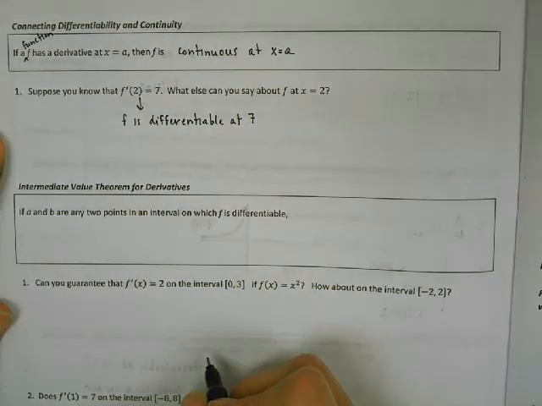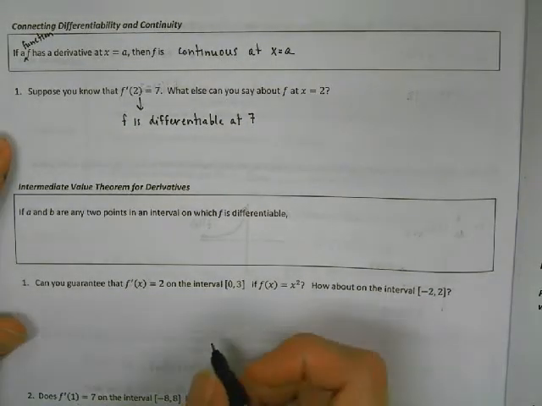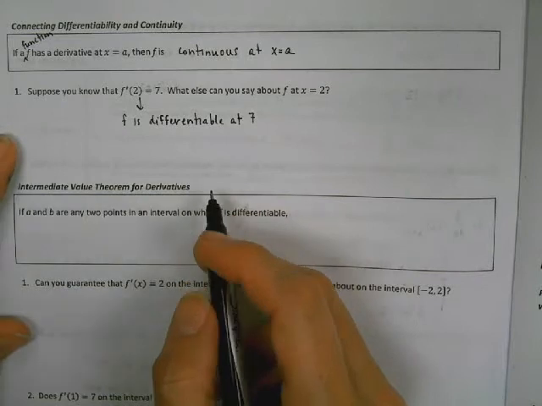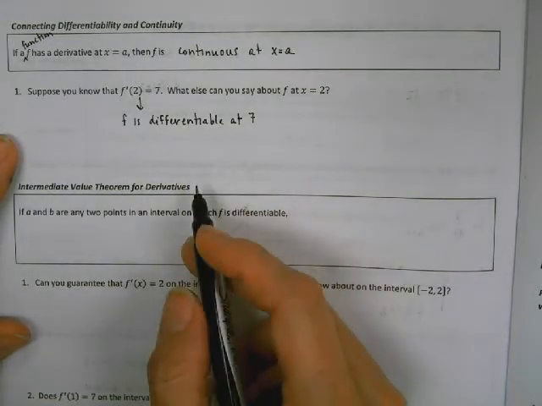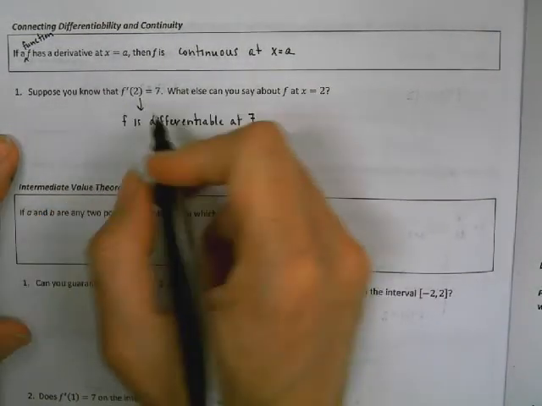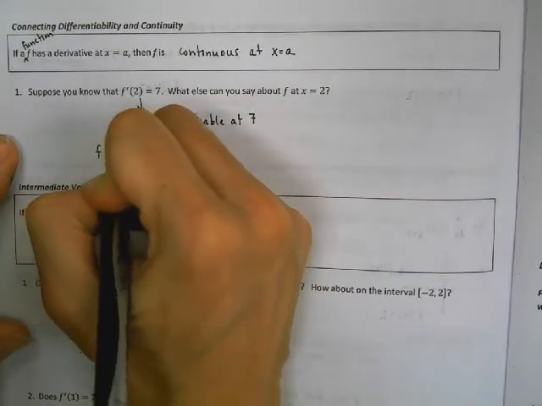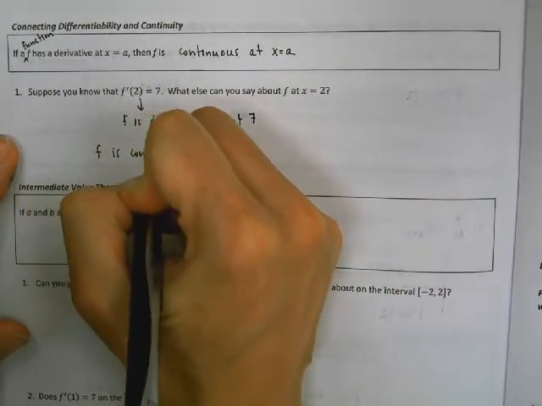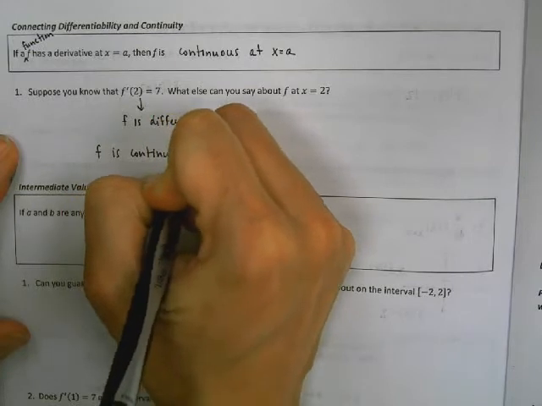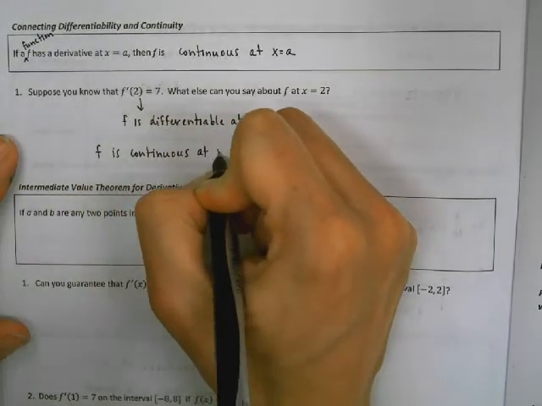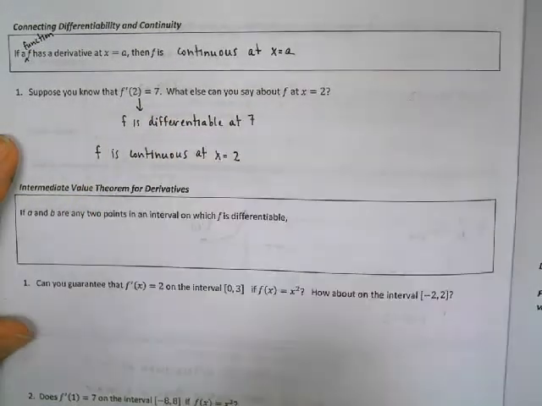So if we know that f prime of 2 equals 7, then we can also say that at x equals 2, f must be continuous. So if we know it's differentiable, we can say that f is continuous at x equals 2.